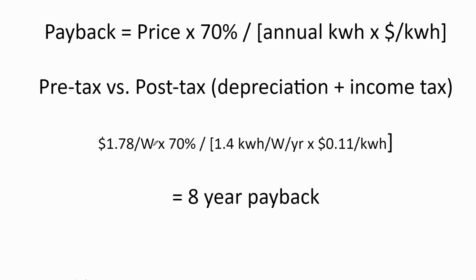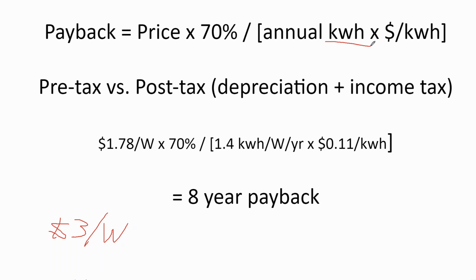One way to do it is you can take, let's say, 1 kilowatt, and let's just keep the math simple. Let's say your commercial solar battery costs $3 a watt installed.